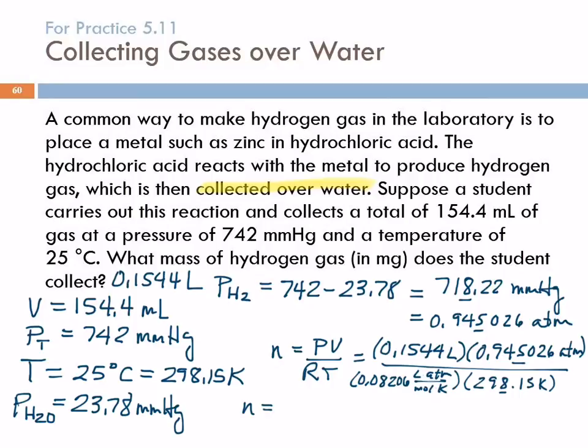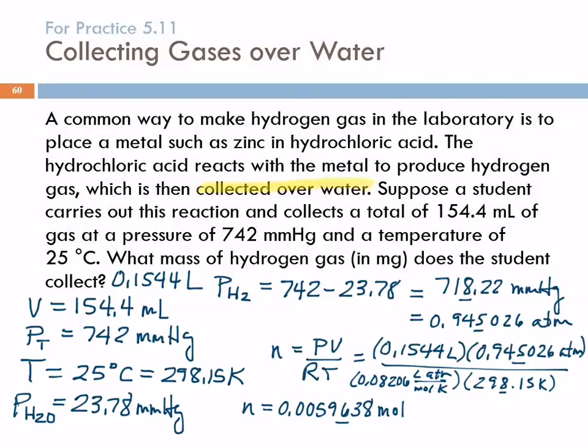So number of moles, 0.1544 times 0.9450. It's not a zero. We're up to 6. Divided by 0.08206 divided by 298.15. N equals 0.0059638 moles.